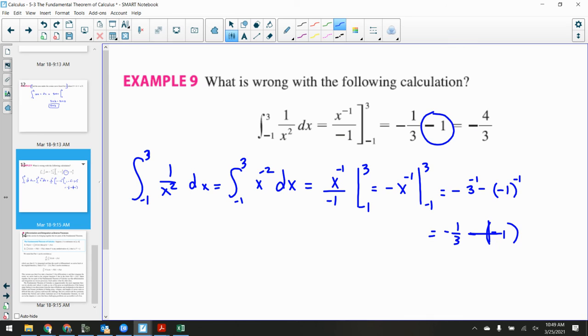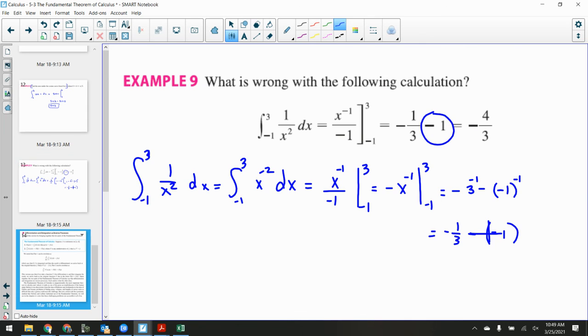We can't use the fundamental theorem of calculus on it because it's not defined at one point within the interval from -1 to 3. I could use it from 1 to 3, that would have been fine. Or from -2 to -1, that would have been fine because there's no discontinuity in there. But there's a discontinuity in here. So that's another issue with this problem.